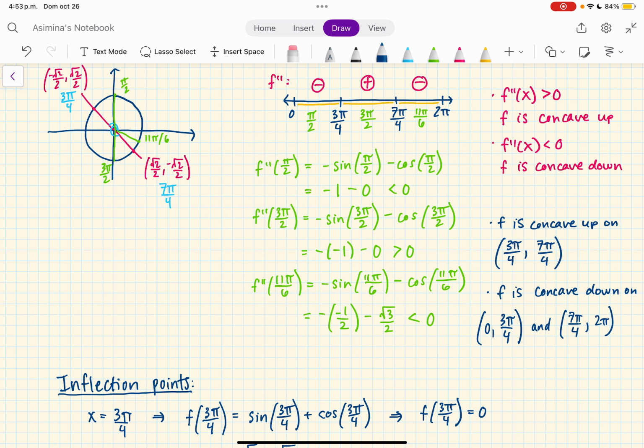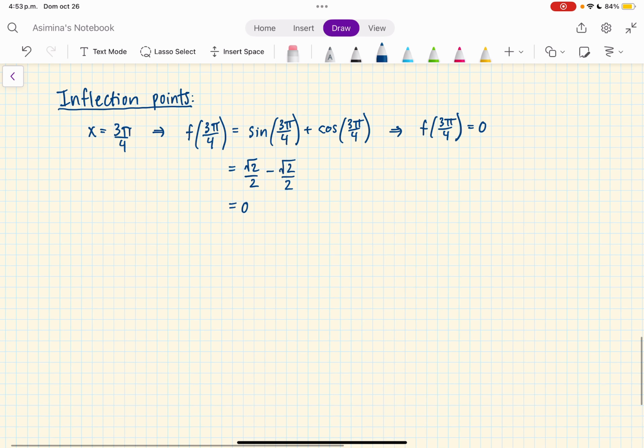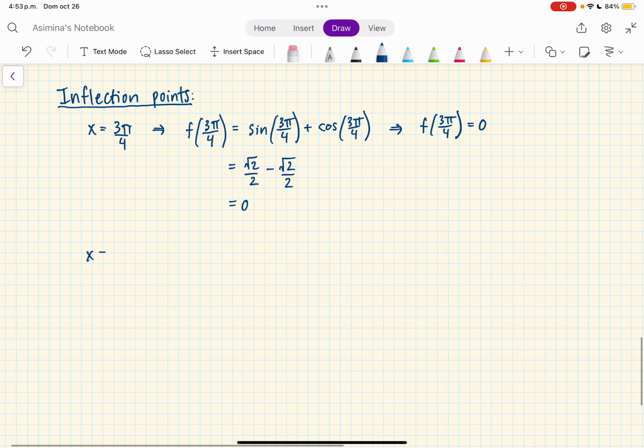Now we also have that the second derivative goes from being positive to negative at the point x equals 7 pi over 4. Okay, so x equals 7 pi over 4 is going to be an inflection point. So if we plug that into f, let's see what we get.